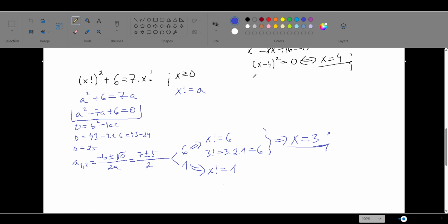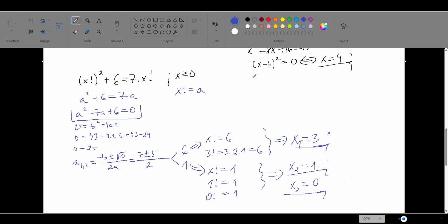Be careful here, because 1 factorial is equal to 1, but as well 0 factorial is equal to 1. So from this part, our next solution is x can be equal to 1, and also x can be equal to 0.